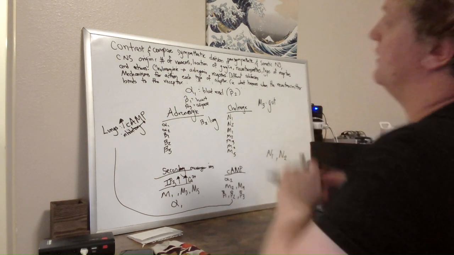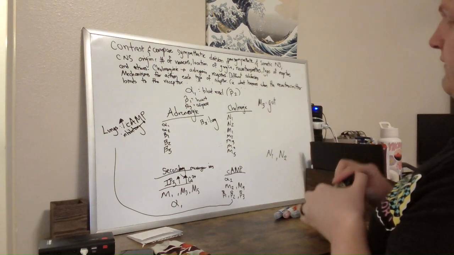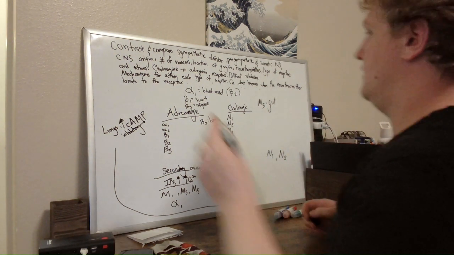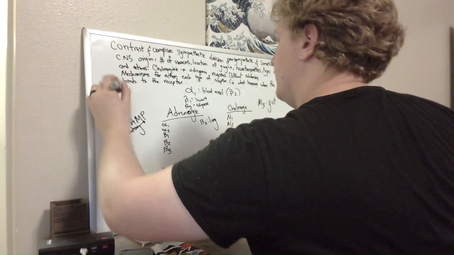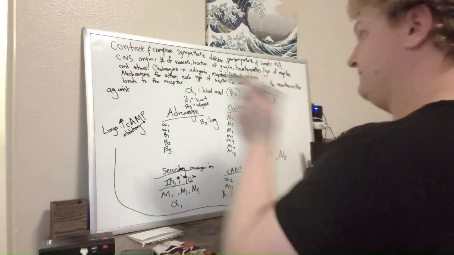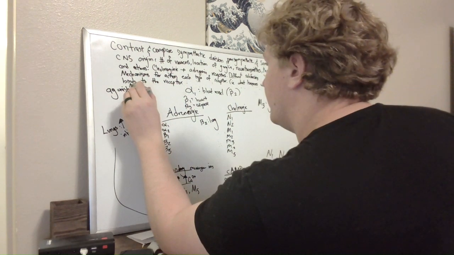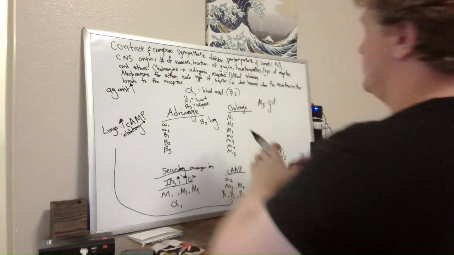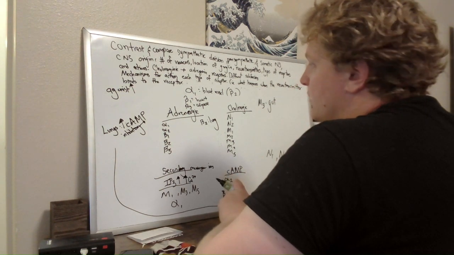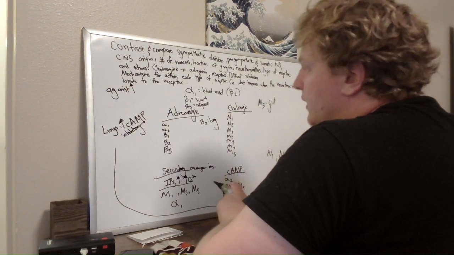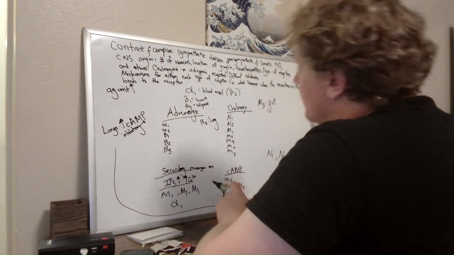So depending on if we're using an agonist, which will increase our signal and create an excitatory response, let's say we use an agonist like atropine for a beta 1, that'll cause our heart rate to increase.